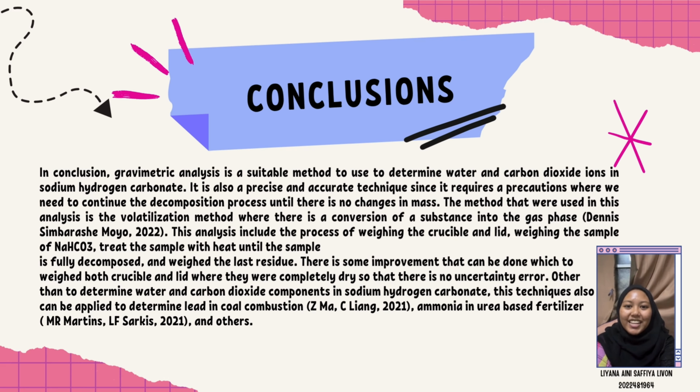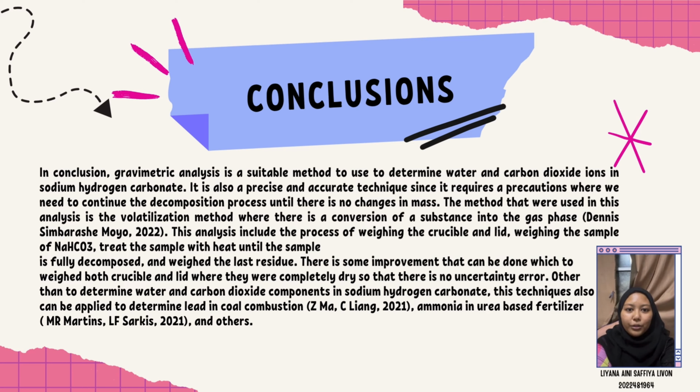In conclusion, gravimetric analysis is a suitable method to determine water H2O and carbon dioxide CO2 in sodium hydrogen carbonate. It is also a precise and accurate technique since it requires precautions, where we need to continue the decomposition process until there is no change in mass.